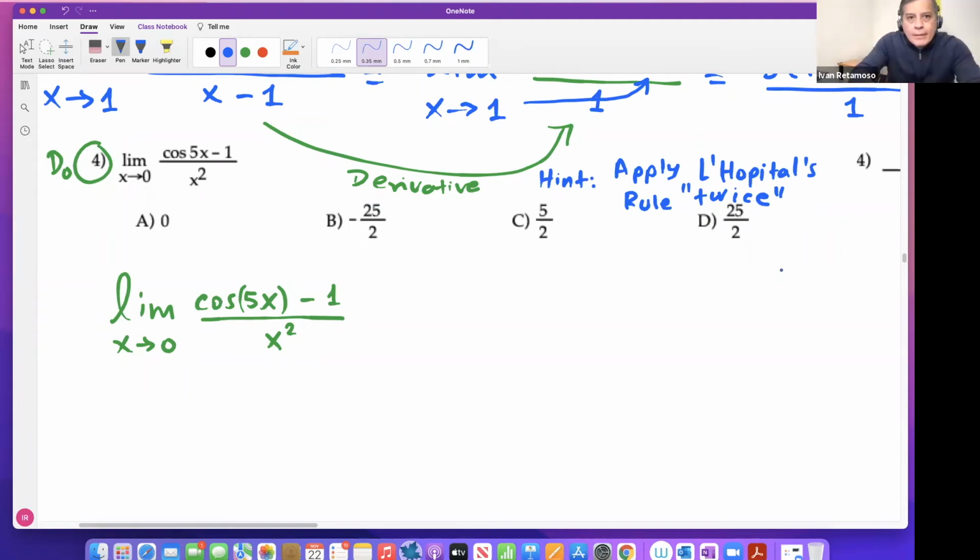Let's see. Deep, excellent work. Excellent. You got it. Very good. Excellent, guys. It's not that difficult. It's just application of L'Hopital's rule twice.